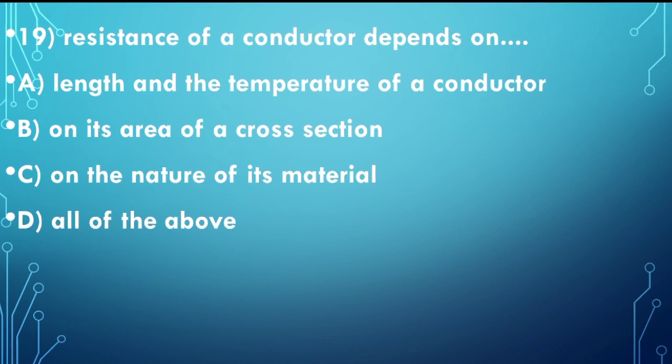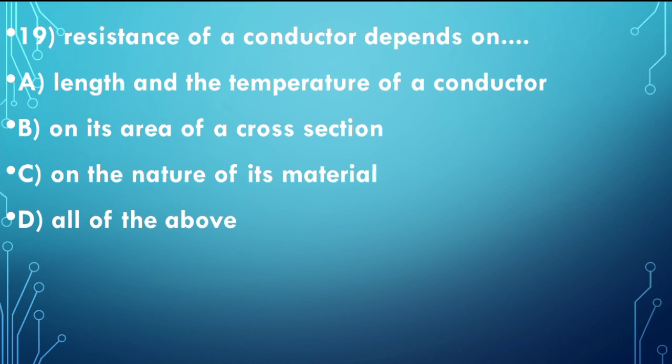So the answer is D, all of the above, because the resistance of a conductor depends upon the length as well as the area of cross section as well as the nature of its material and also the temperature of the conductor. So the answer should be all of the above. The D option is correct.